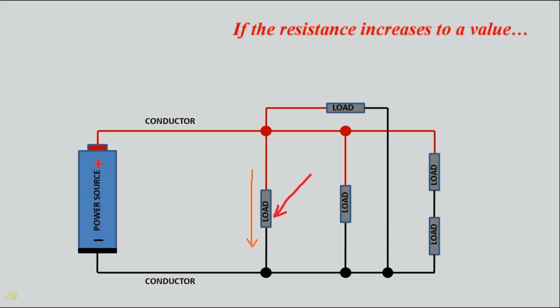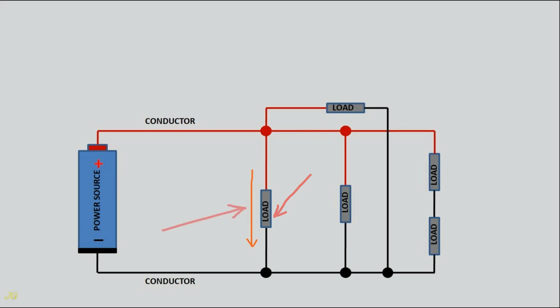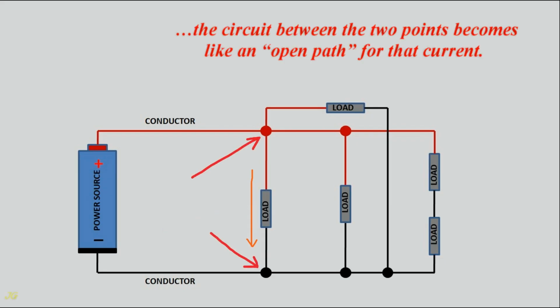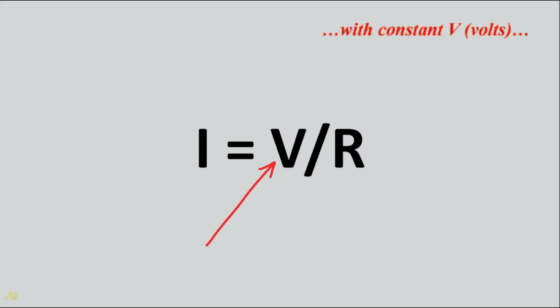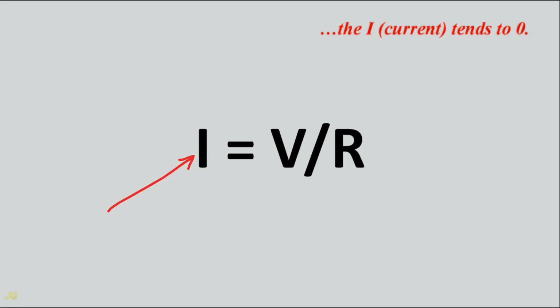If the resistance increases to a value at which current is near zero, the circuit between the 2 points becomes like an open path for that current. If resistance increases to the critical point infinity with constant volts, the current tends to zero.